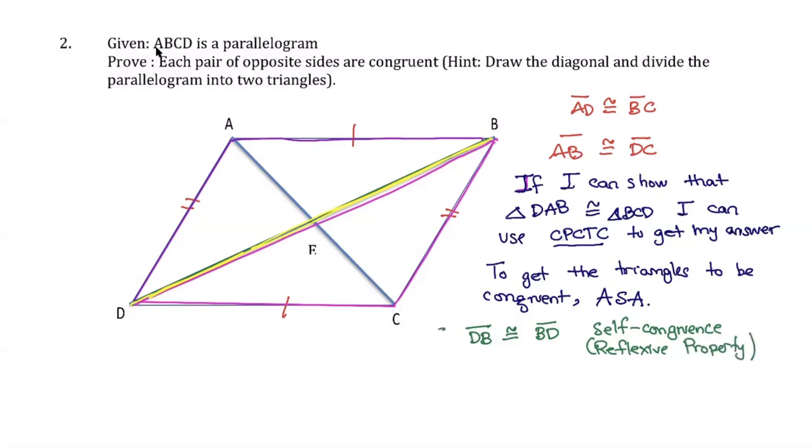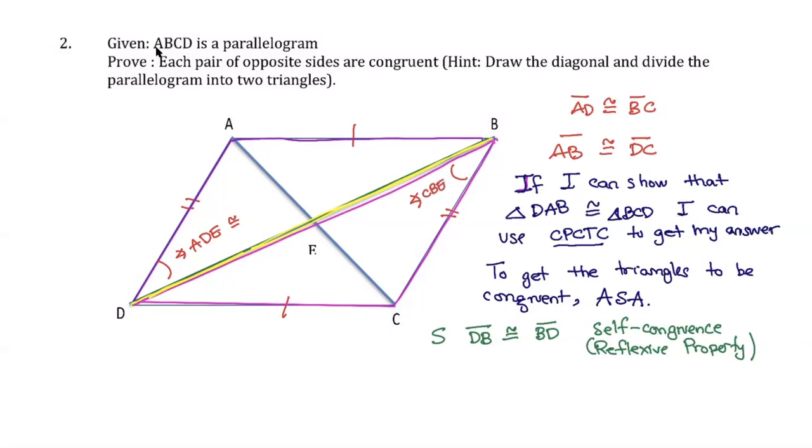So we have a side, and we need the two angles that bound the side, which means I need to get that angle, let's call this angle ADE, is congruent to, we can use the opposite angle, angle CBE.